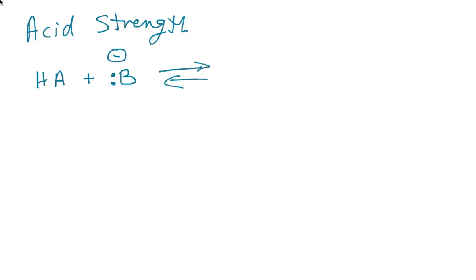Notice 2 arrows, not just one. If you transfer that proton from the acid to the base, you generate a new anion plus a neutral HB complex.